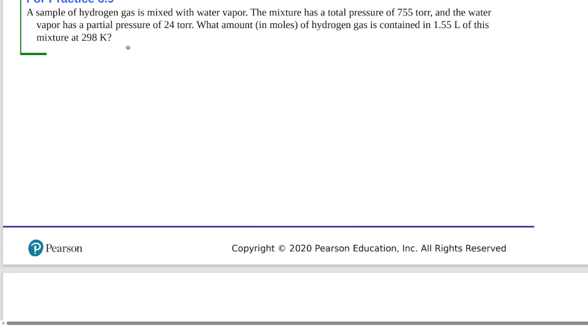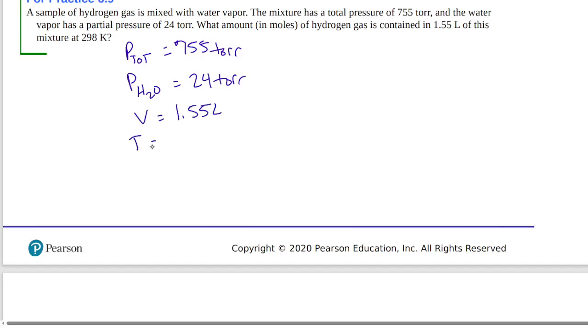Okay, so we know that the total pressure is equal to 755 torr. The partial pressure of water is equal to 24 torr. The volume is equal to 1.55 liters, and the temperature is 298 Kelvin. All right, so we know that the total pressure is equal to the partial pressure of hydrogen plus the partial pressure of water.